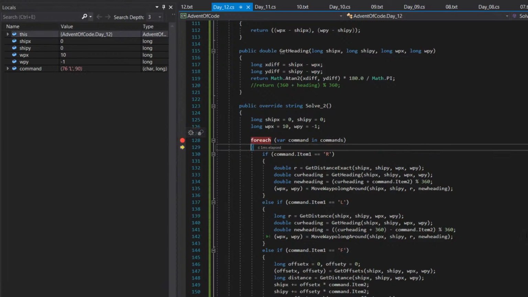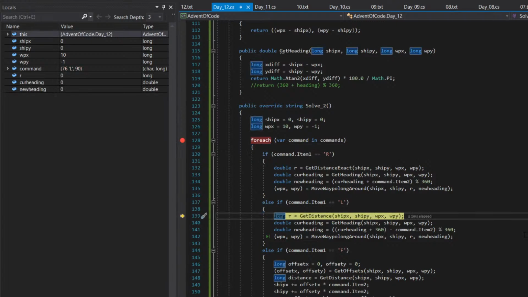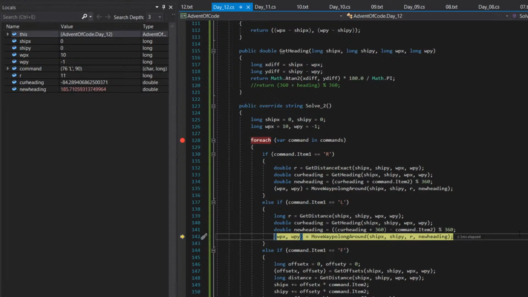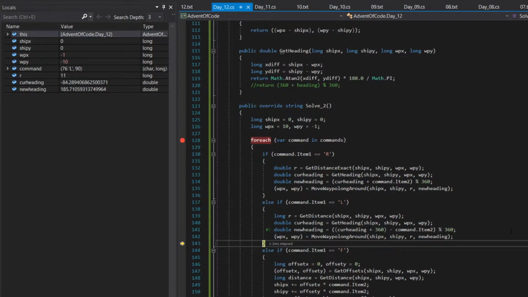Left's 90. So that moves our guy to basically north. One to the right and north. Or one to the left, I mean.